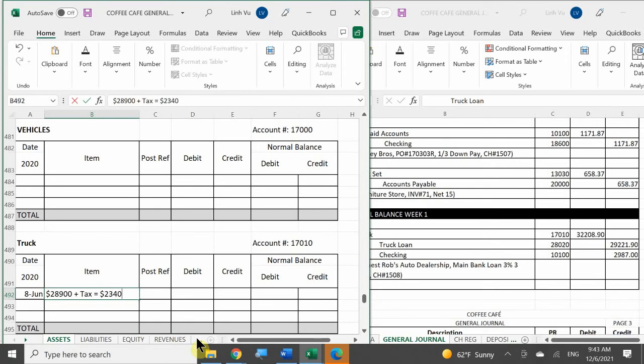So, again, post reference, we just finished up our journal for $32,208.90.